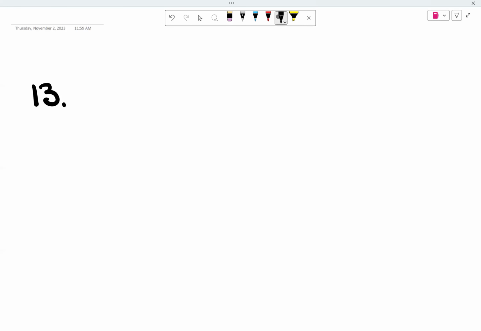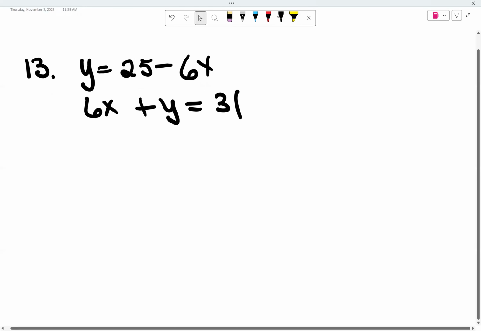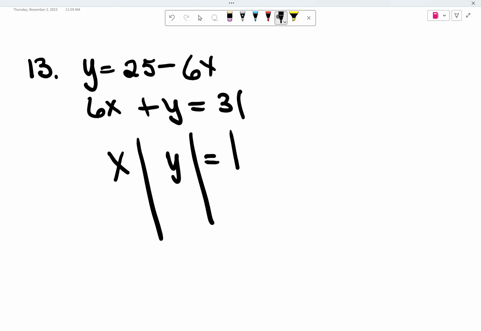Number 13. On number 13, we have y equals 25 minus 6x. They're giving us another equation of 6x plus y equal to 31. Now, I have said this multiple times that you do not even bother with this unless you have an x column, a y column, equal to the answer column.